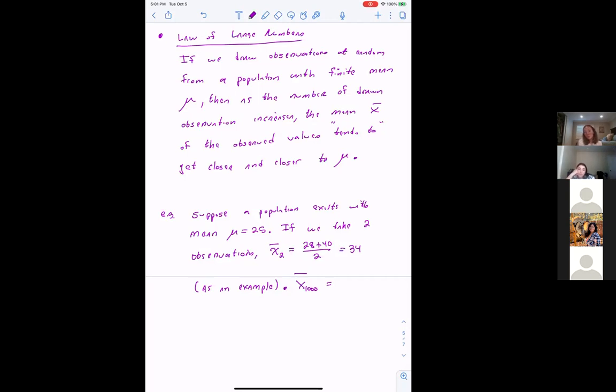So where do you think the average of 1,000 observations should be? Give me a number that you think might be reasonable. Anyone, give me a reasonable value for the average of 1,000 observations.